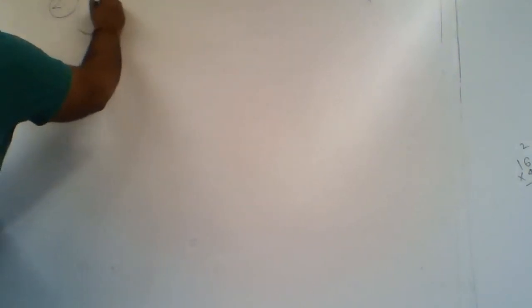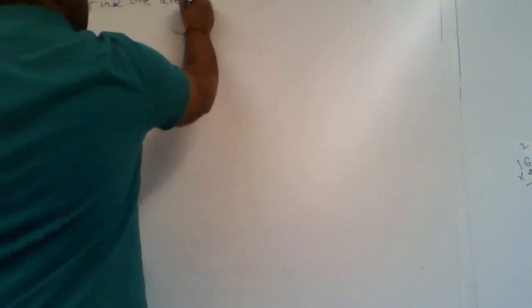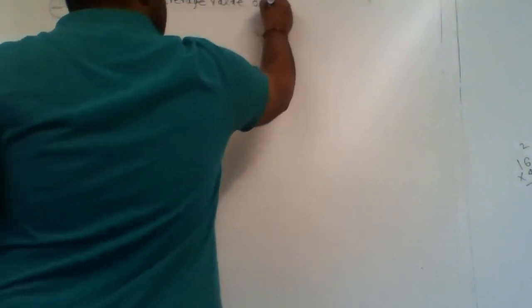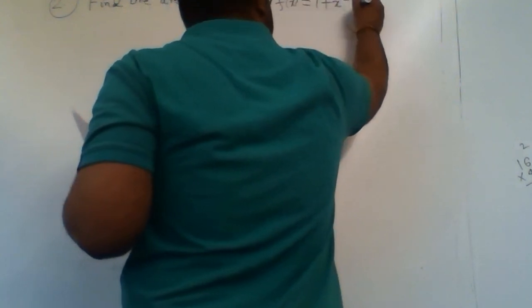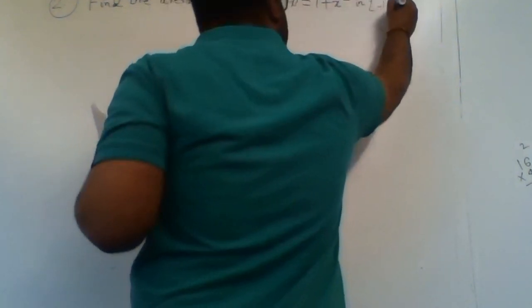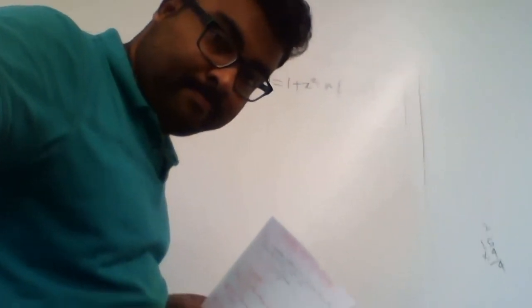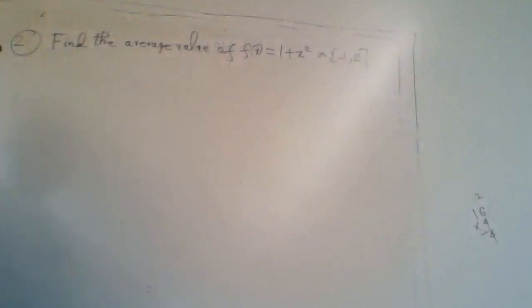So find the average value of f(x) equals 1 plus x squared in [-1, 2].